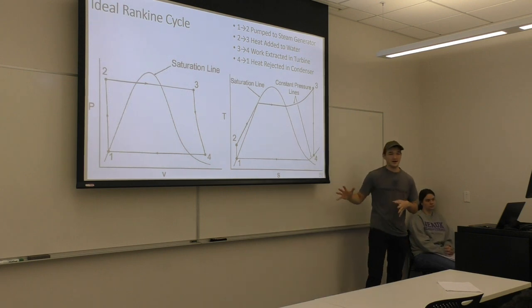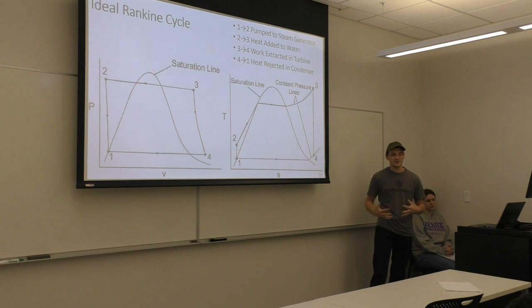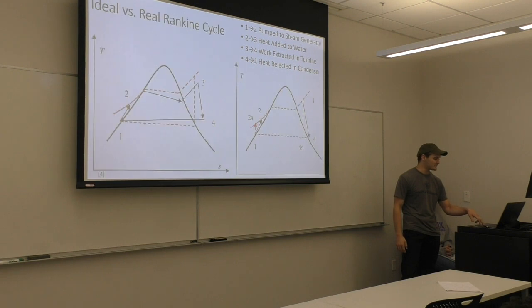These are the idealized versions of this, but in reality, if you have any kind of condensation in the turbine, it'll cause wear on the parts, and you need to make sure that the liquid entering a pump is all liquid, because vapor in a pump will cause issues and maintenance problems.